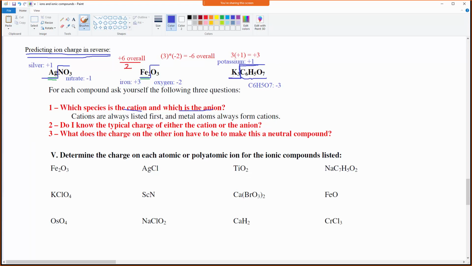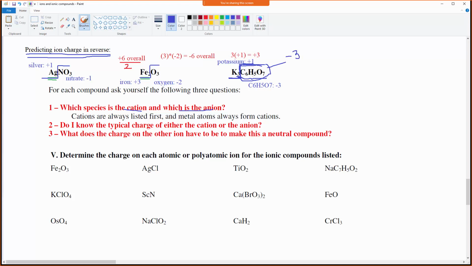So potassium's in group 1, it always has a charge of +1, and there's 3 of them right here. So because there's 3 of them, we end up with 3 potassiums with a charge of +1 each, gives us a total overall charge of +3. So for this to be a neutral compound, the +3 has to cancel out with a -3 charge over on this side. So whatever's here has to have an overall -3 charge.